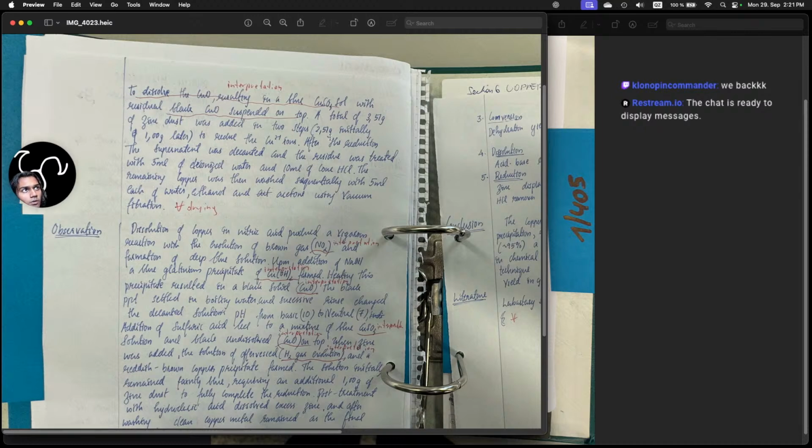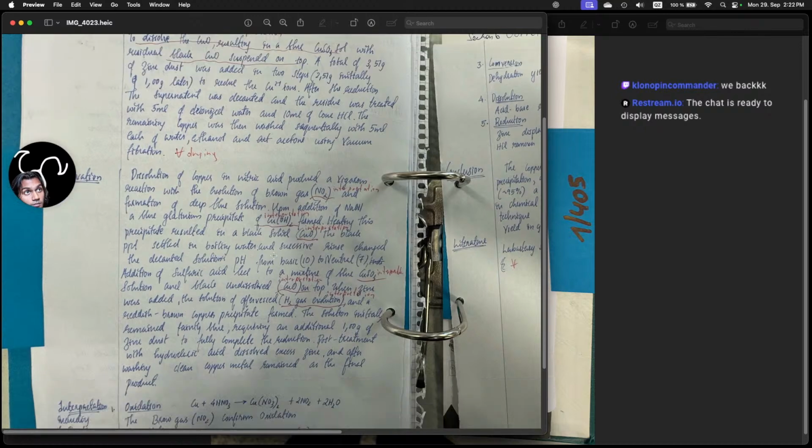A total of 3.51 grams of zinc dust was added in two steps, 2.51 grams initially and 1 gram later, to reduce the Cu2+ ions. After reduction, the supernatant was decanted and the residue was treated with 5 milliliters of deionized water and 10 milliliters of concentrated hydrochloric acid. The remaining copper was then washed sequentially with 5 milliliters each of water, ethanol, and acetone using vacuum filtration.